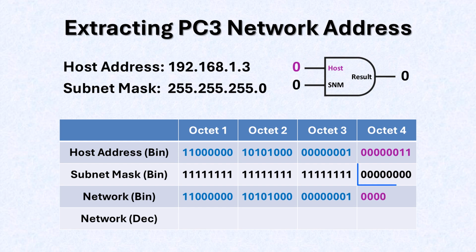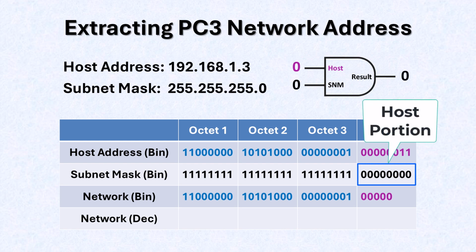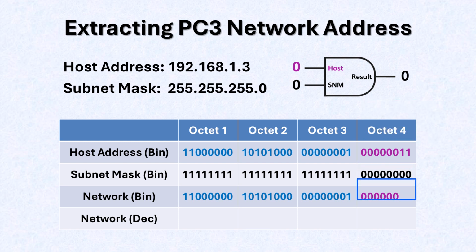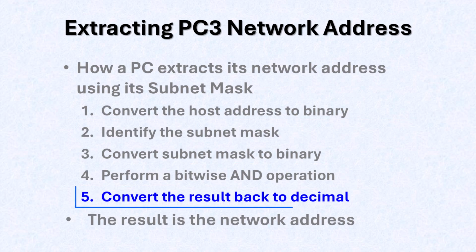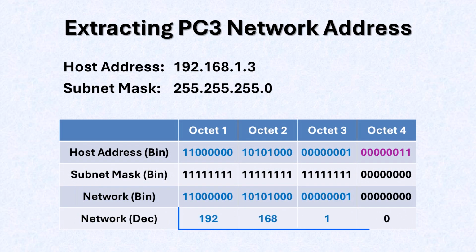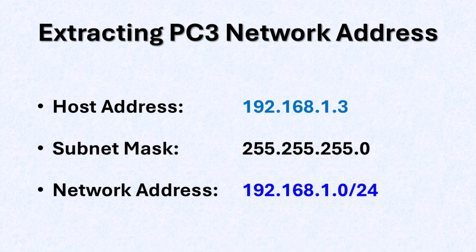Specifying zeros in the subnet mask for the host portion turns off the host bits, meaning they are set to 0. The resulting value is the network address in binary. In step 5, we convert the result back to decimal. This is the network address. PC3 has successfully extracted, or determined, its network address.